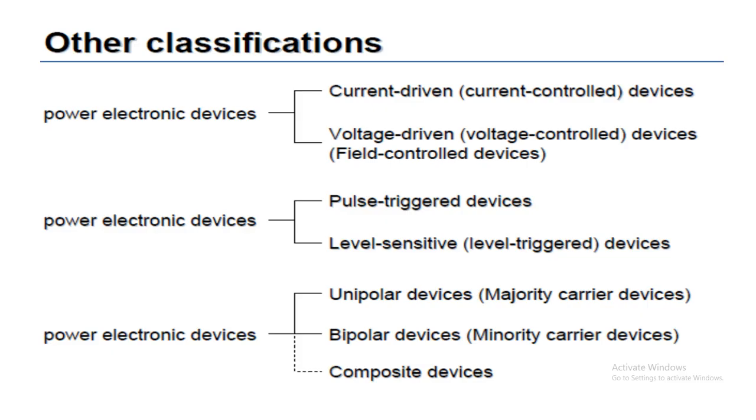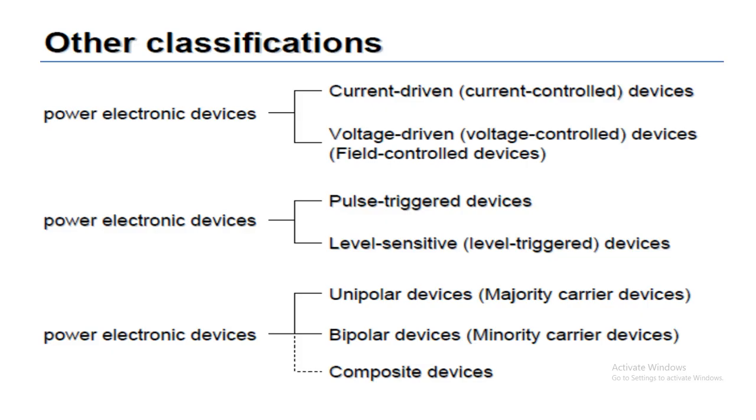Then level sensitive or level triggered devices: a constant signal has to be applied as long as the device is in the turn on condition. MOSFET, BJT, IGBT, GTO, and the fully controlled devices come under the level triggered or level sensitive devices.